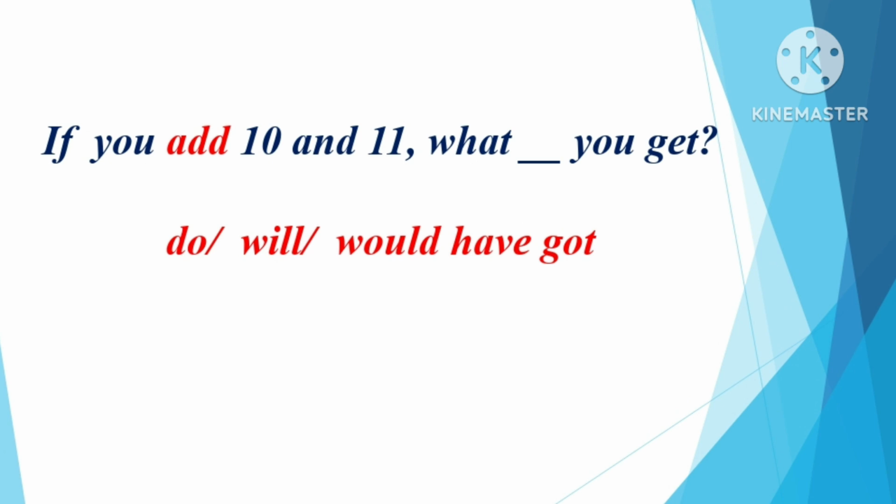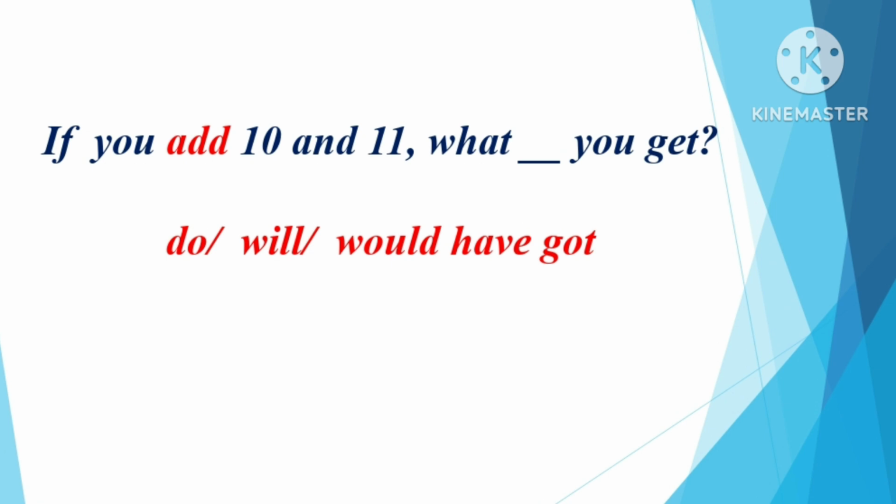If you add 10 and 11, what dash you get? When we add numbers or digits, what do we get? Adding numbers is in present tense, and it is a scientific fact and a universal truth, whether in present tense, future tense, or past tense.